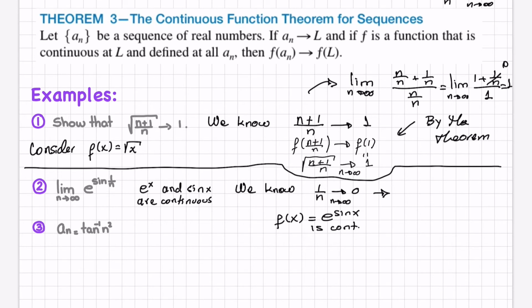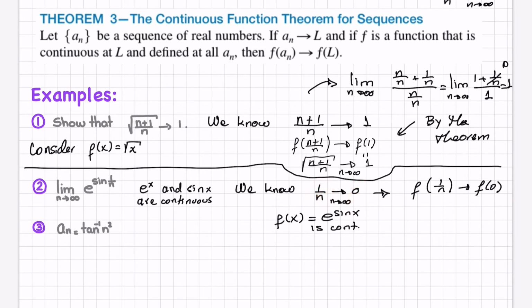So if 1 over n approaches 0, let me write this, you might get confused. So f of 1 over n approaches f of 0, right? It's like taking, if this approaches L, f of this approaches f of L. So this is approaching 0, and f of this approaches f of 0.